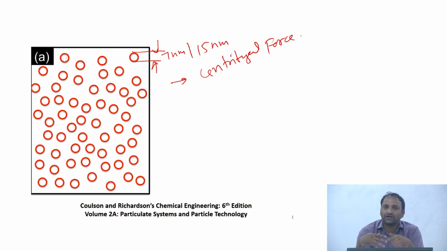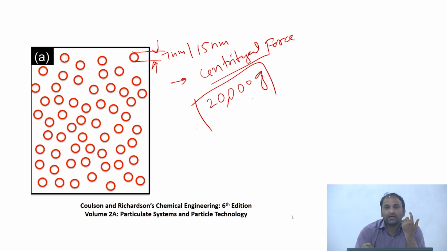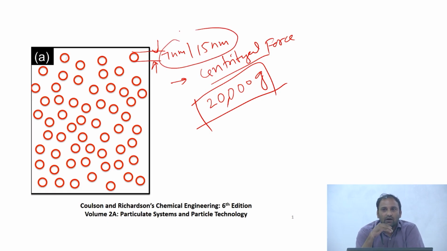If you look at commercially available centrifuges, you can generate centrifugal force of the order of maybe even 20,000 times g. It turns out that even such high centrifugal force, it will be very difficult to sediment particles of smaller dimension. Now in such cases what do we do?